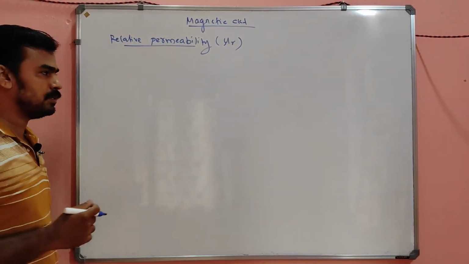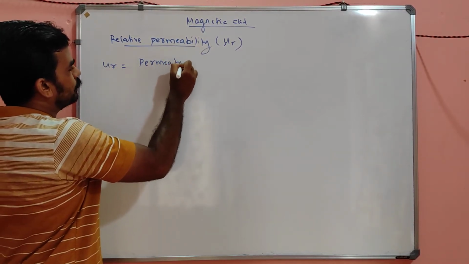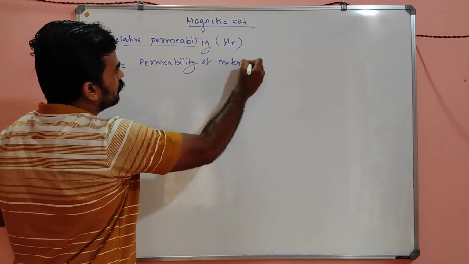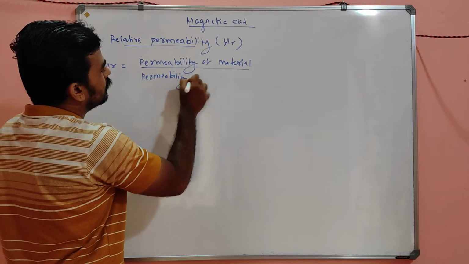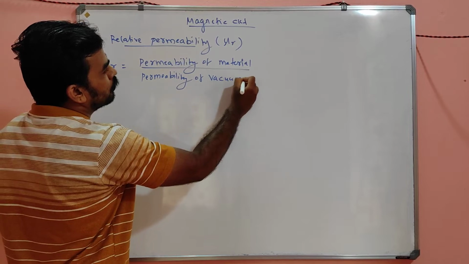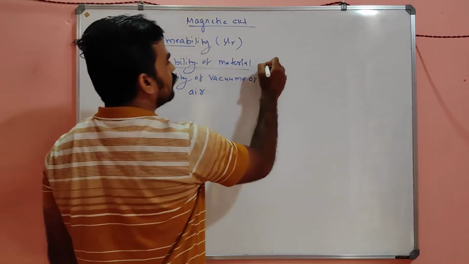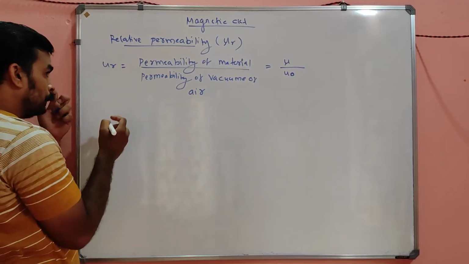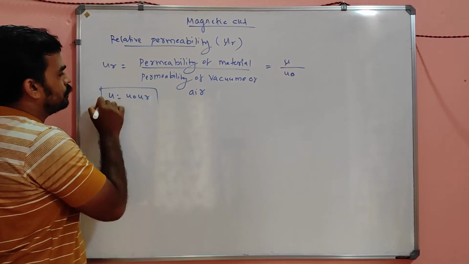Relative permeability mu r is equal to the permeability of the material divided by the permeability of vacuum or air. For the material it is simply mu, and for vacuum it is mu 0. So mu r is equal to mu divided by mu 0, or simply mu is equal to mu 0 into mu r.